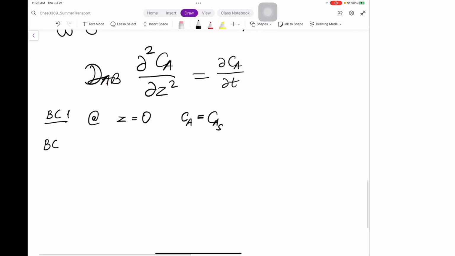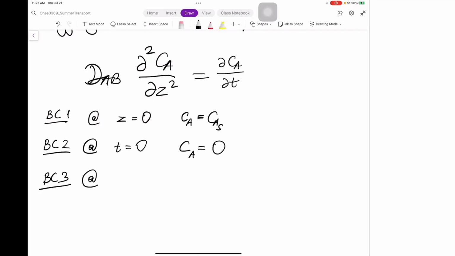The other boundary condition is at time is equal to 0. Initially, the entire pond has a 0 concentration. Another boundary condition, at z goes to infinity, I mean, far away deep inside the pond, you can assume that Ca is 0 within a short time interval.